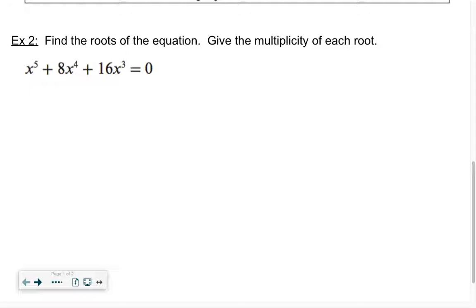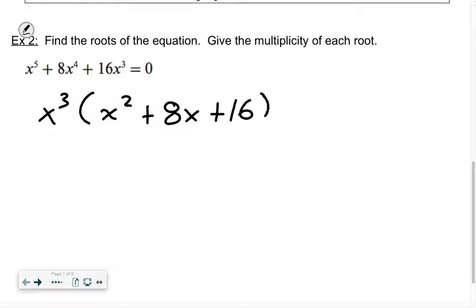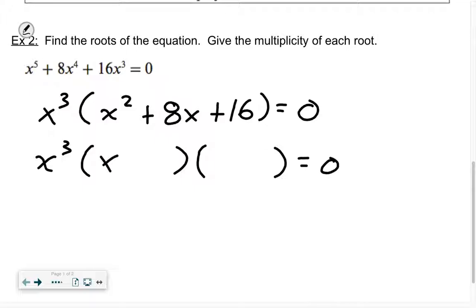GCF, okay, I see a bunch of x's, so we can factor out 3 of them. Leaving us with x squared, 8x, 16. Factors of 16 that you want to use? 4, obviously.